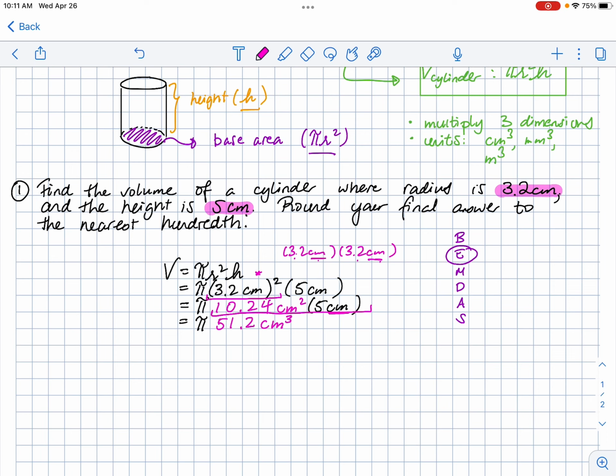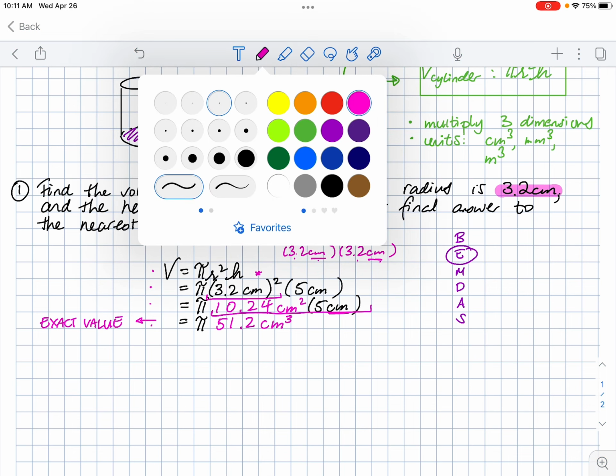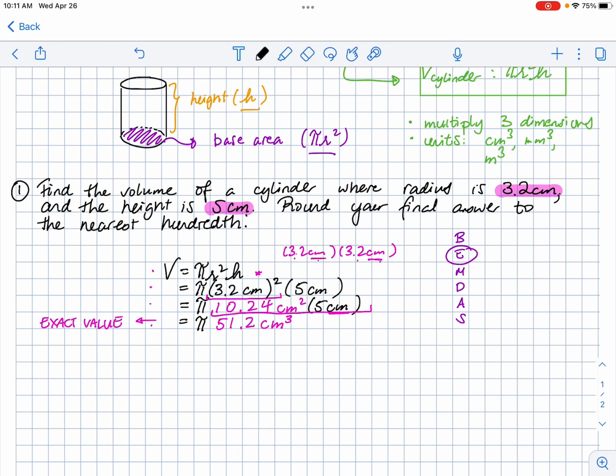Now, if you left your answer as pi times 51.2 centimeters cubed, just as a reminder, that is the exact value. Your work has to show all of these steps, even though I did ask you to round your final answer to the nearest hundredth. So when you do that, it becomes, I believe, 160 and 85 hundredths of a centimeter cubed, okay? So that is your final answer.